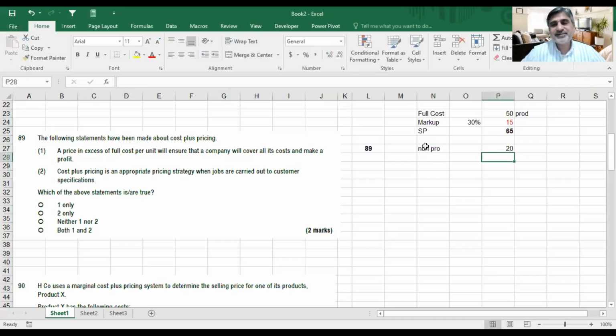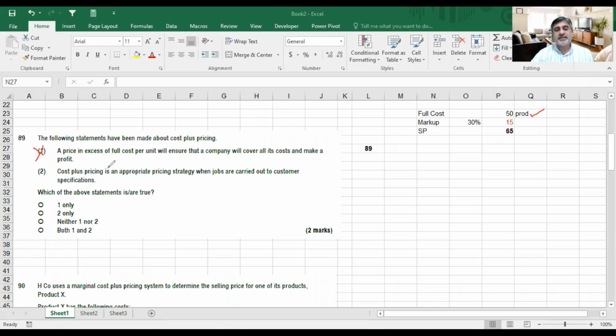Then you are in loss because you will make $15 markup, but then you will pay $20 for non-production. You will end up making a loss. So cost plus pricing does not ensure that. Because cost plus pricing does not include non-production costs, it only makes sure that production cost will be recovered. For non-production, there is no guarantee. Therefore, this one is wrong.